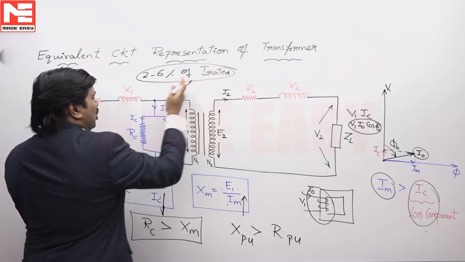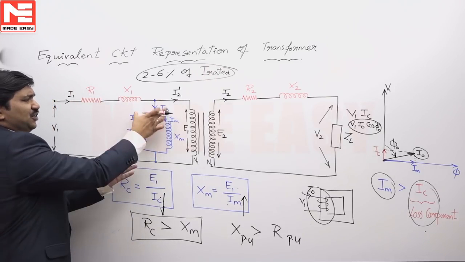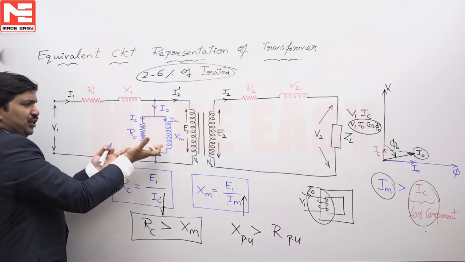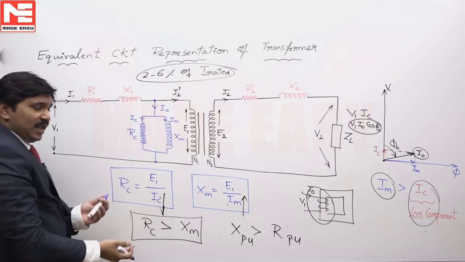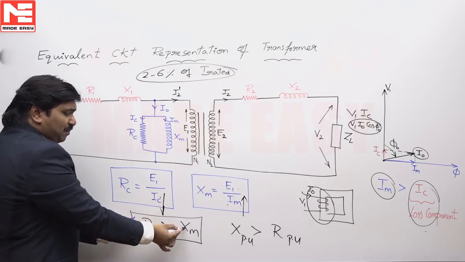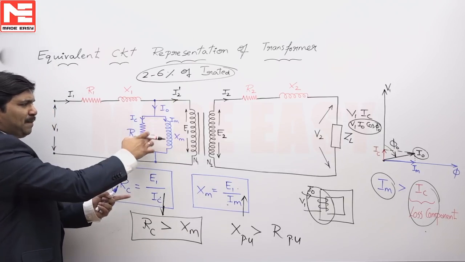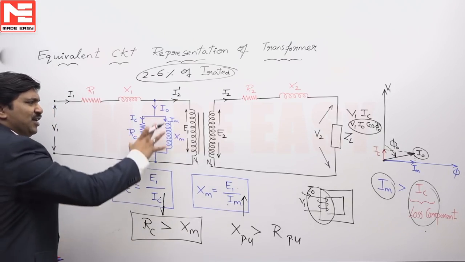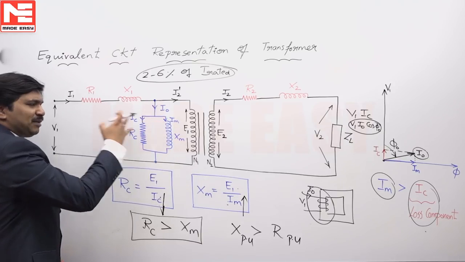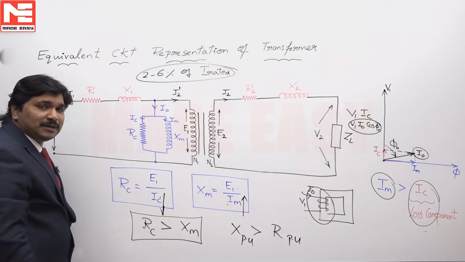When a low current is flowing in a circuit, the impedance of the circuit is very high. RC, XM values are practically extremely high. These are very small compared to this branch. That is why we neglect this circuit sometimes in the approximate circuit for the analysis purpose.